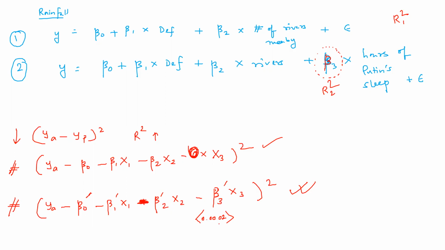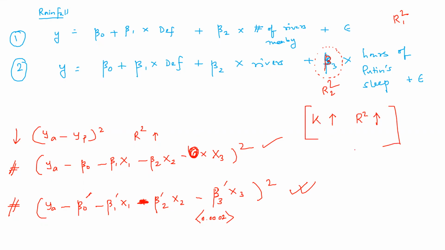So this is a fallacy of R square. As you keep on adding the number of variables, even if those variables have no meaning, R square value will keep on increasing. So R square value increases as K, which is the number of independent variables, increases. That is a problem with R square.